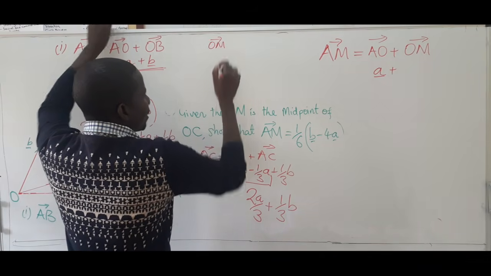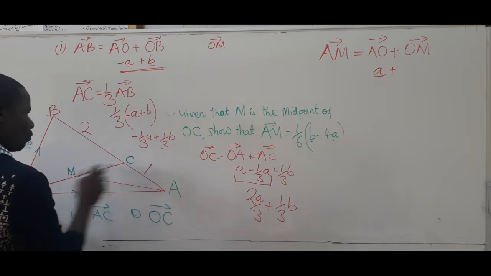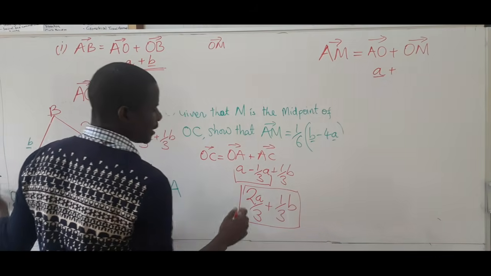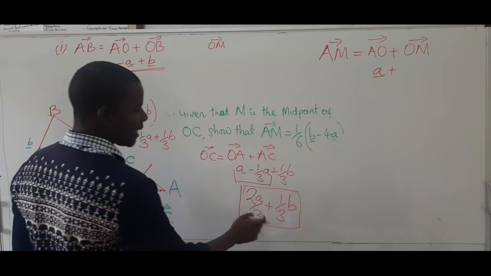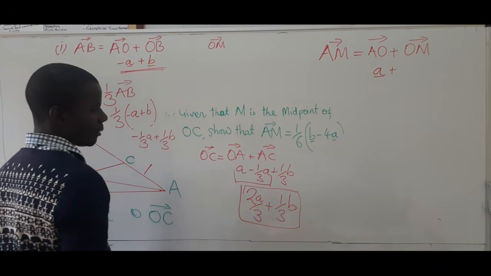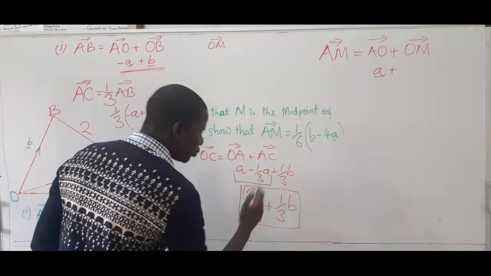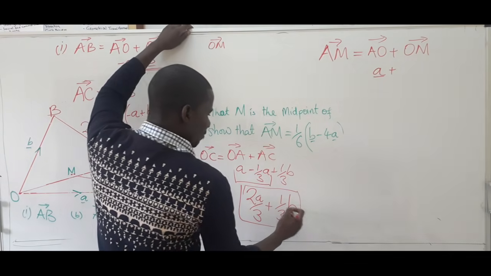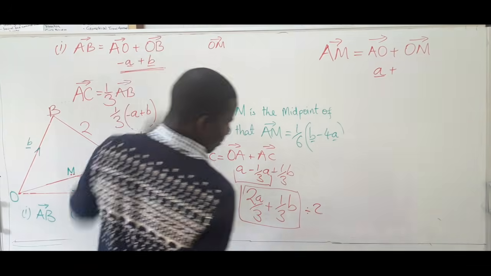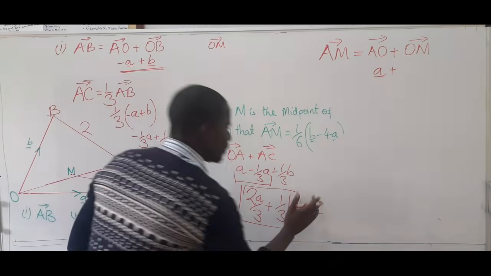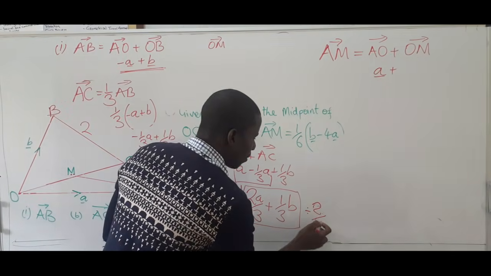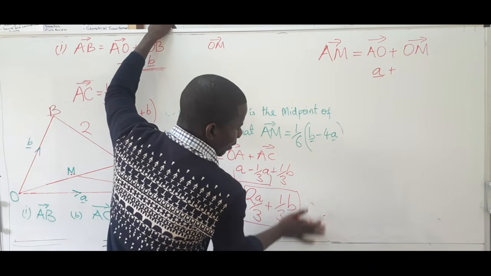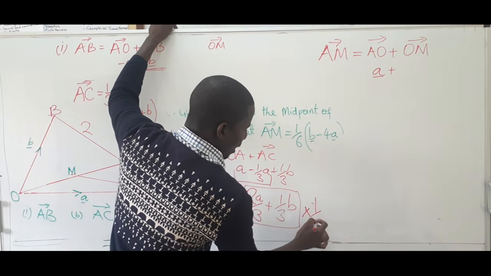OM. Remember, we have been told that M is the midpoint of this whole thing. So it means this OC, we need to divide it by 2. Dividing this whole thing by 2 is as good as multiplying by 1 over 2.